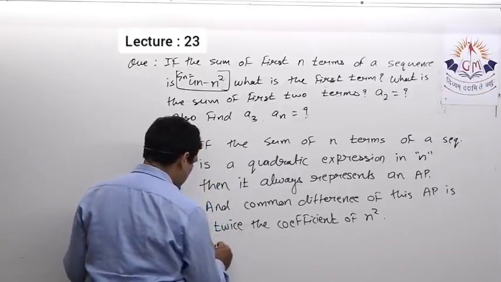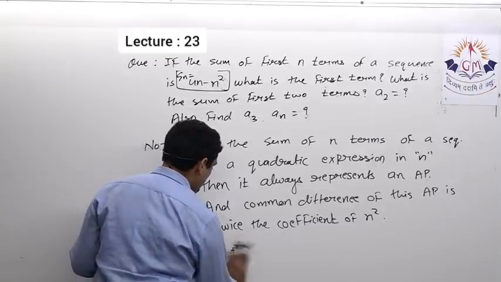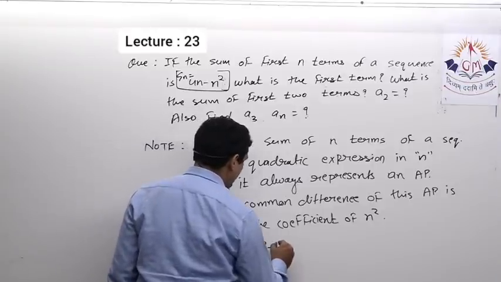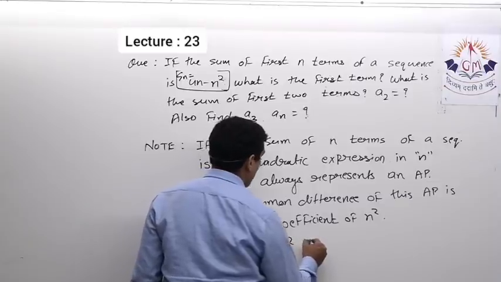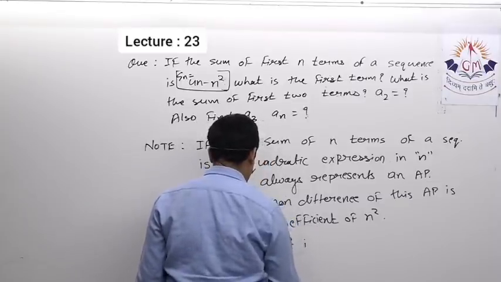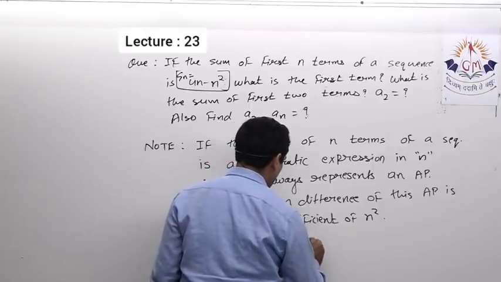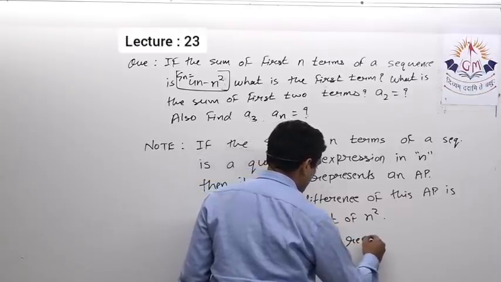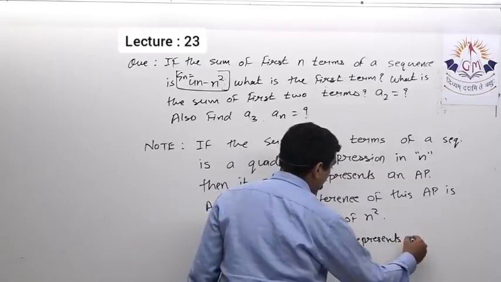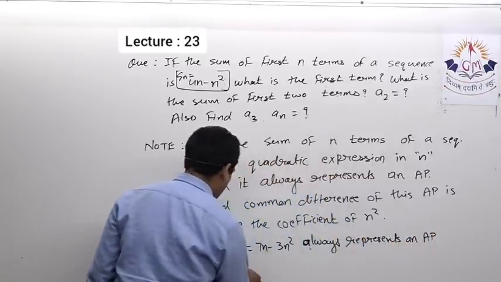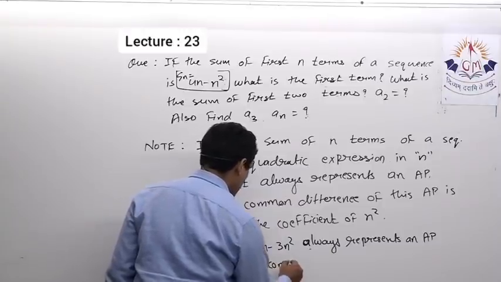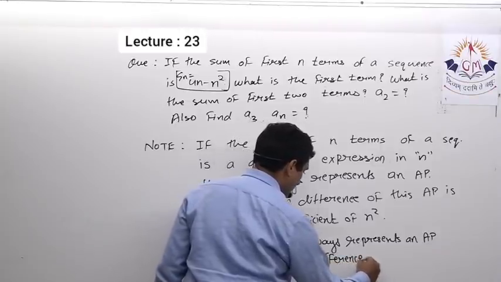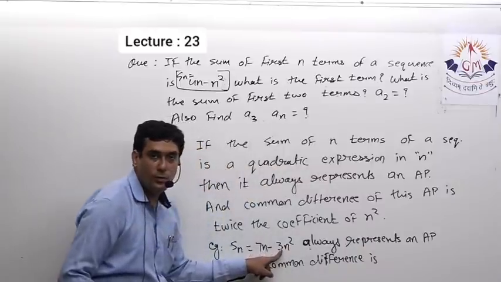Example: if S(n) is equal to 7n minus 3n square, it always represents an AP, and its common difference is twice the coefficient of n square.